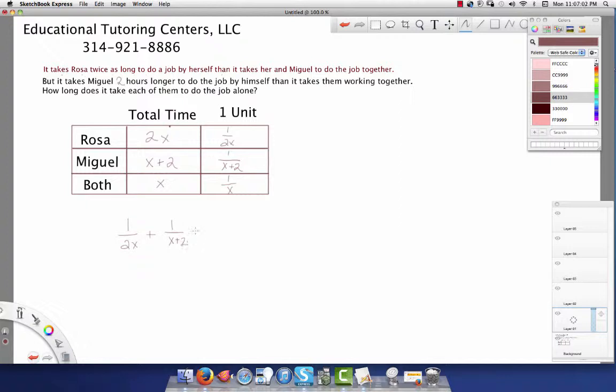And together, their time together is what it takes for them both to get the job done. Okay? So what we have is 2 rational expressions or 2 fractions set equal to some total amount. And just like in elementary school, or middle school, when we learned how to add fractions, we found that we needed to find a common denominator.